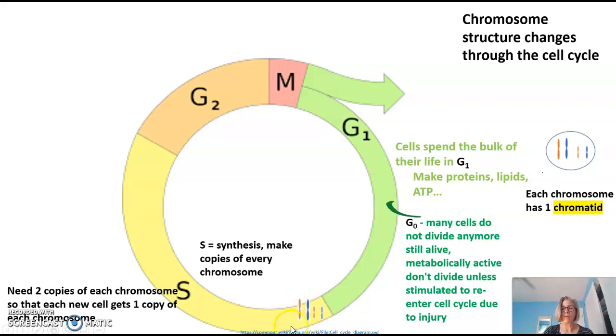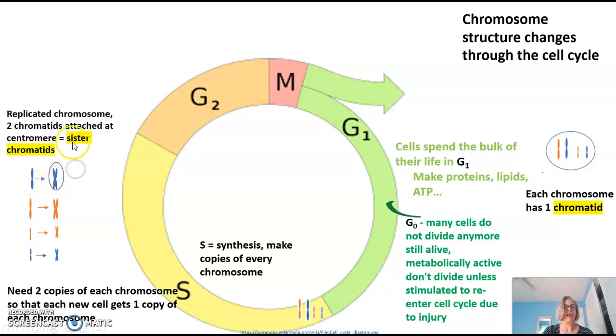They have 1 chromatid per chromosome. During S phase, which is a very complicated process that we will cover later in the year, the single unreplicated chromosome is copied into a replicated chromosome. And this replicated chromosome, again, has 2 chromatids. They're attached at the centromere. We refer to these chromatids as sister chromatids.